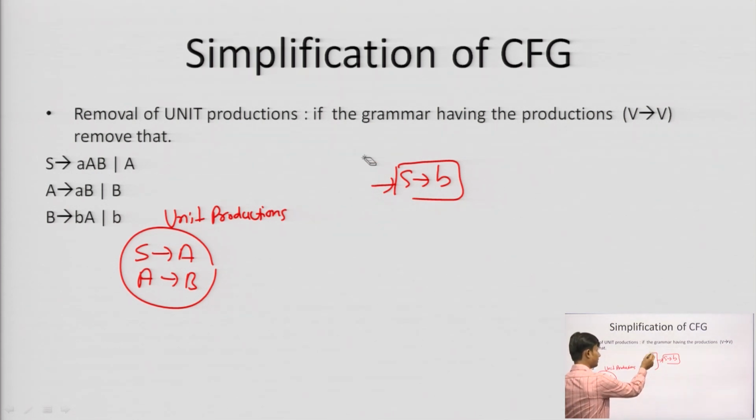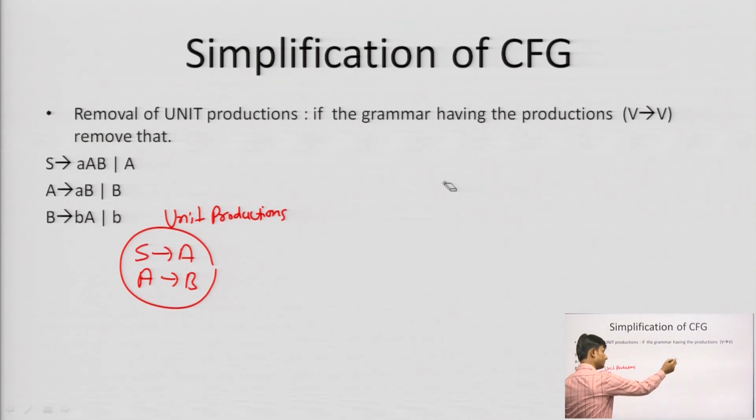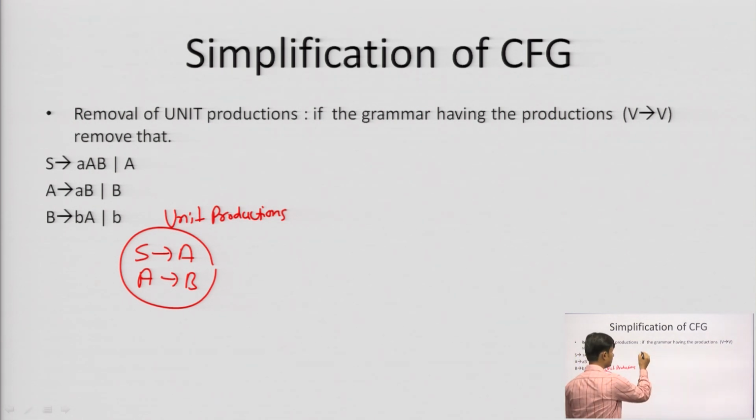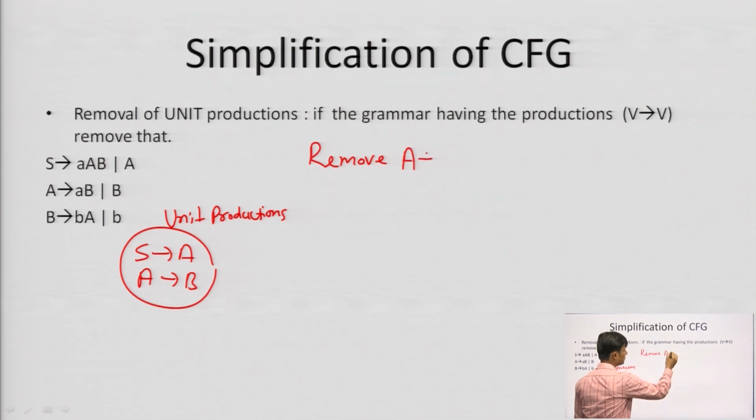After that your grammar will remain the same, meaning whatever strings were previously generated, after removing also the same strings will be generated. How to remove this one? First we have to remove A to B. Let us remove A to B. First you have to remove the A to B. So, what will be there when we remove A to B?